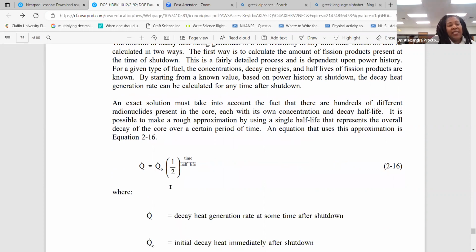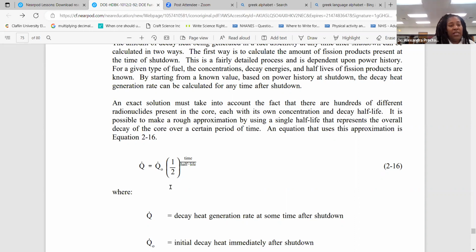And so the exact solution takes into account the fact that there are hundreds of different radionuclides present in the core, each with its own concentration and decay half-life. And it's possible to make a rough approximation by using a single half-life that represents the overall decay of the core within a certain period of time.